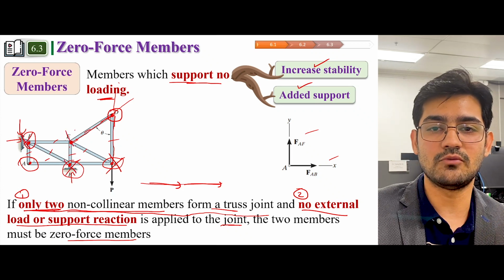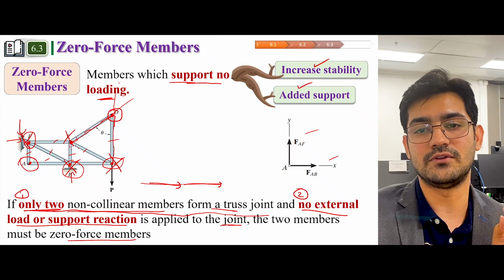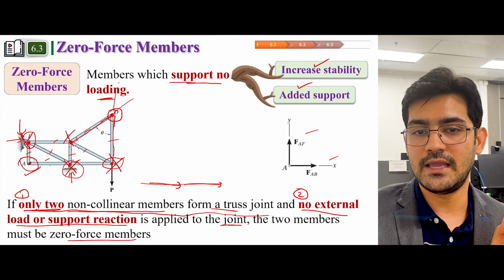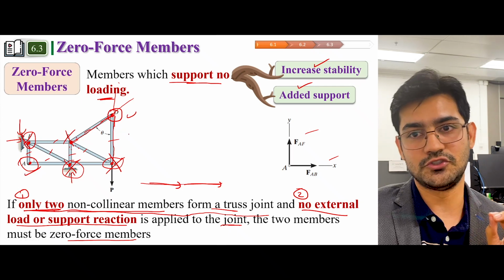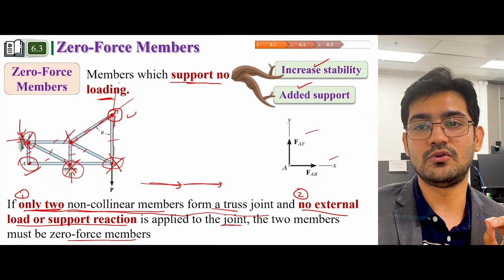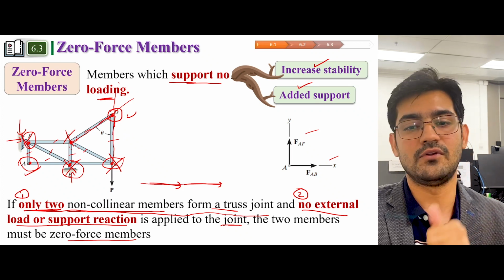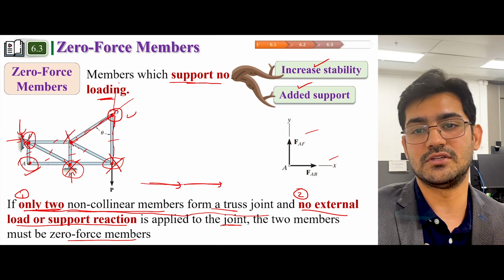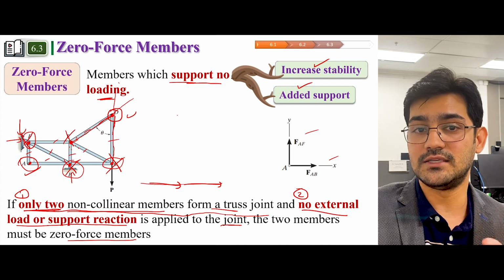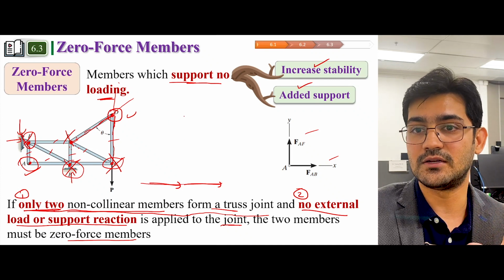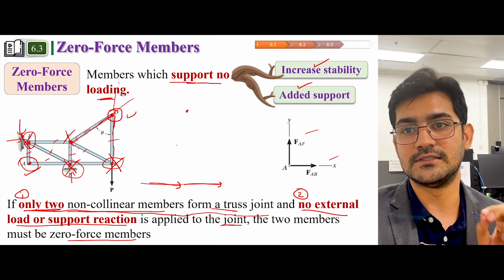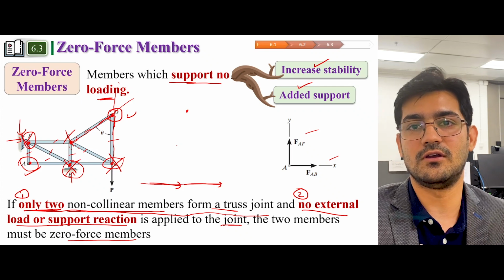E also doesn't count because it has 4 members. So A and D are those joints which have only two members and also have no support and no external load. So we can consider from this that joint D and joint A have zero force members.